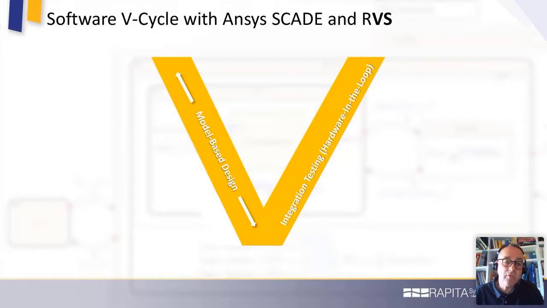What's very important is to focus the effort on the model level and then rely on KCG, which is our automatic code generation, which is qualified so that we can trust the code that is generated, meaning that this is removing the SIL activities, the software in the loop activities. This is one of the best ways to save time.